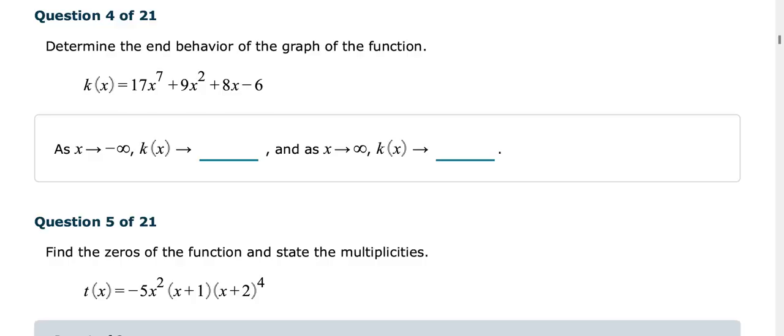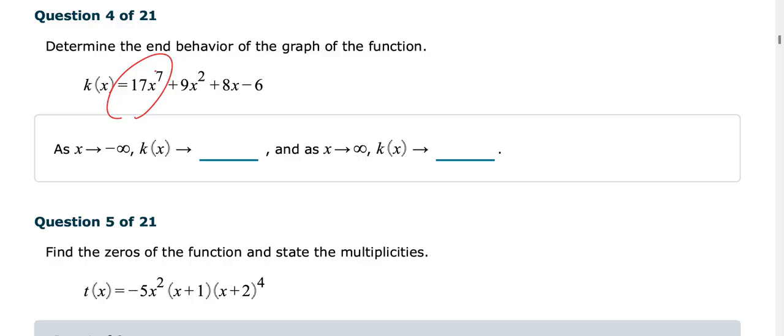Number 4, determine the end behavior of the graph of the function. The function is k of x equals 17x to the 7th plus 9x squared plus 8x minus 6. Remember that the shape of a polynomial is dominated by its leading term and order, meaning the number in front of the x is a positive number and the power is an odd number.